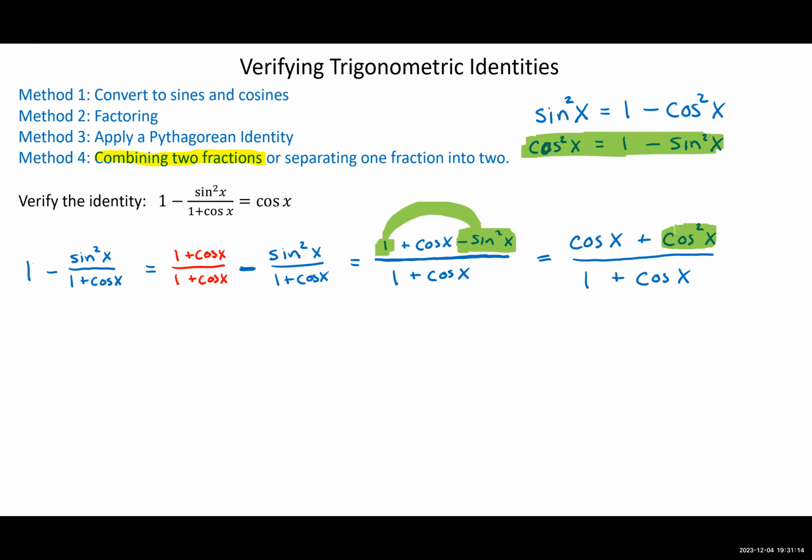All right, so everything in green is that step. We took those two, and based on that formula, replace the 1 and the minus sine squared with a cosine squared. All right, this is looking good. I think we're close. I think we are a couple steps away.